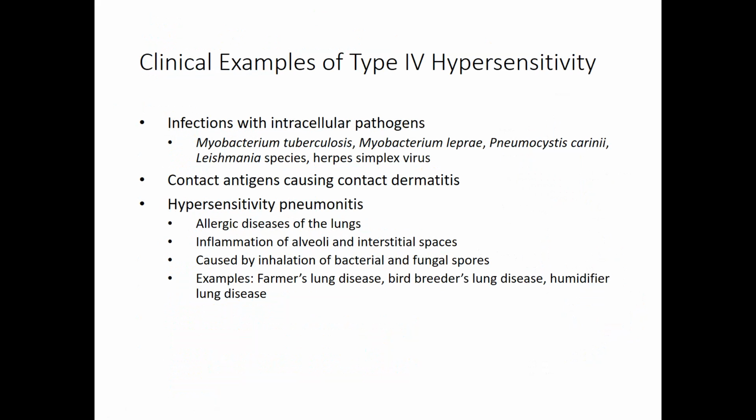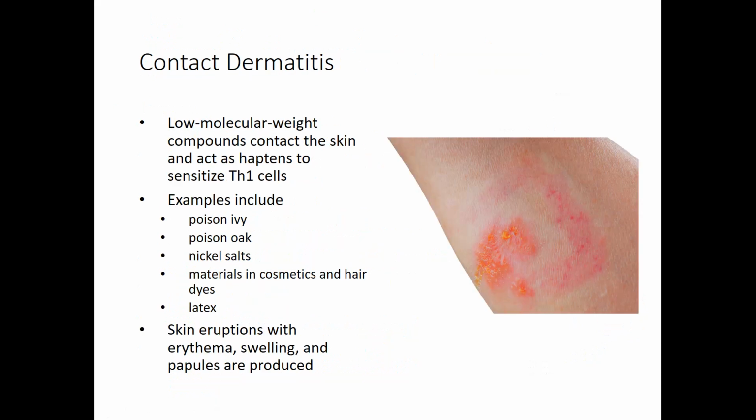Let's look at some of the contact antigens that happen. Again, they're low molecular weight compounds, contact the skin, and they're a hapten, right? So they sensitize T cells. They sensitize T helper cells.